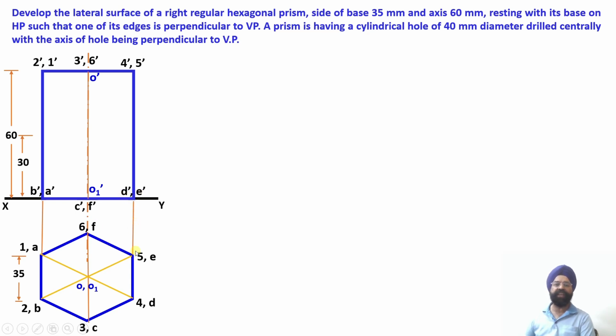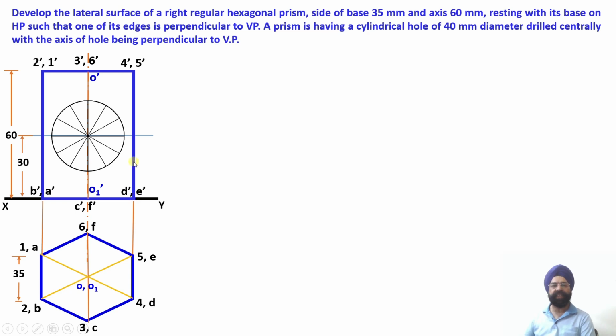Now here one thing needs to be remembered, that is the projection. You see these three edges, 1A, 6F and 5E, they are lying on the back side, and their projections in the front view should be represented by the hidden line. That is these vertical edges 1 dash and A dash over here. Similarly 6 dash and F dash over here, and the next projector, that is 5 dash and E dash, over here.